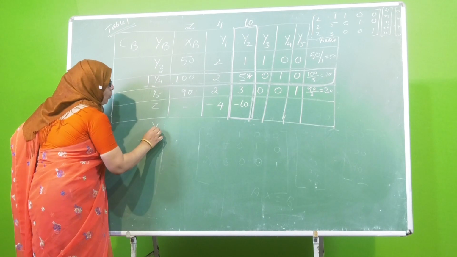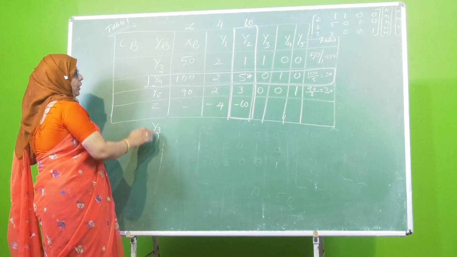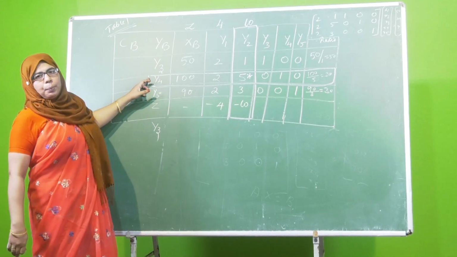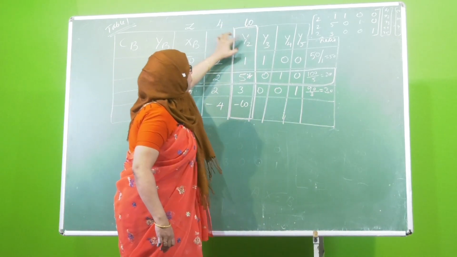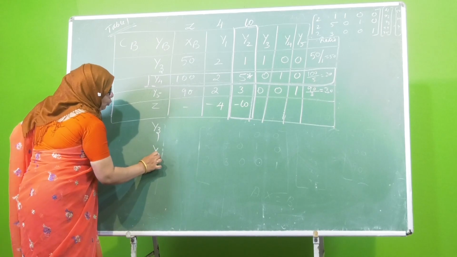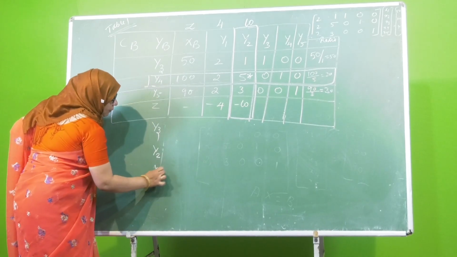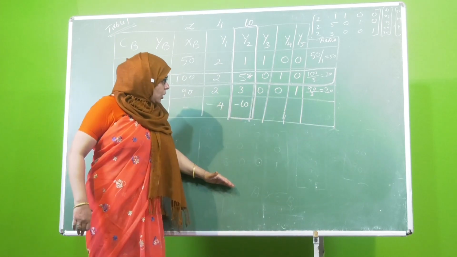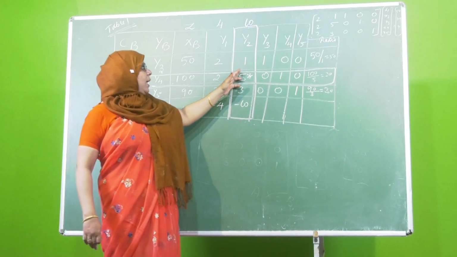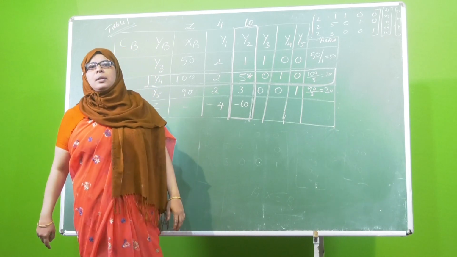So Y3 here, Y3. Y4 we don't put, because Y4 goes out and Y2 comes in. Next Y5 is Z.